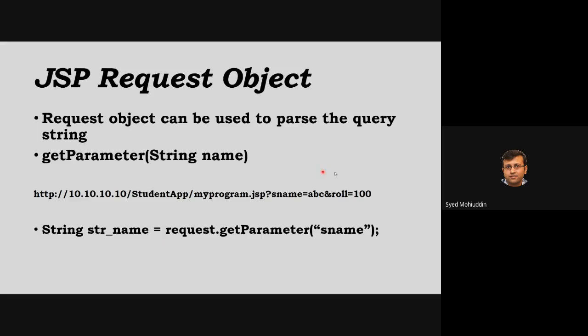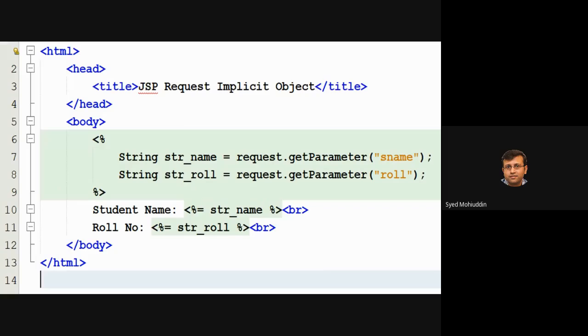In the same way, there is another query, role. If we use request.getParameter("role"), we will get the value 100, which is stored in str_role. The next thing we will see is a sample program.